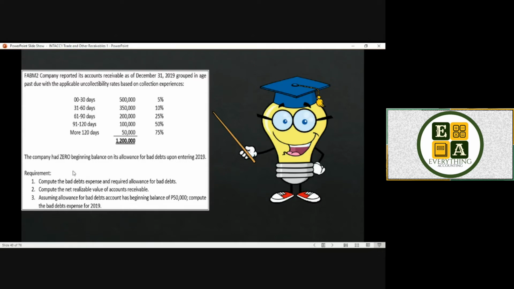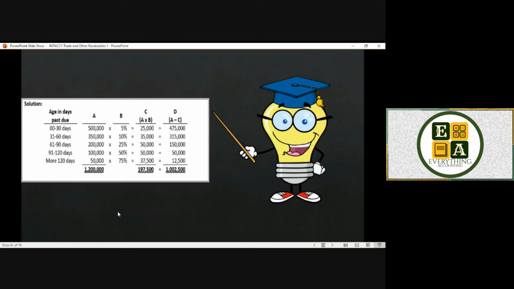Tinatanong tayo sa requirement 1, bad debts expense and the required ending allowance for bad debts. Then compute the net realizable value of accounts receivable. Then sa number 3, assume lang naman daw kung may beginning balance yung allowance for bad debts na 50,000, magkano yung bad debt expense?